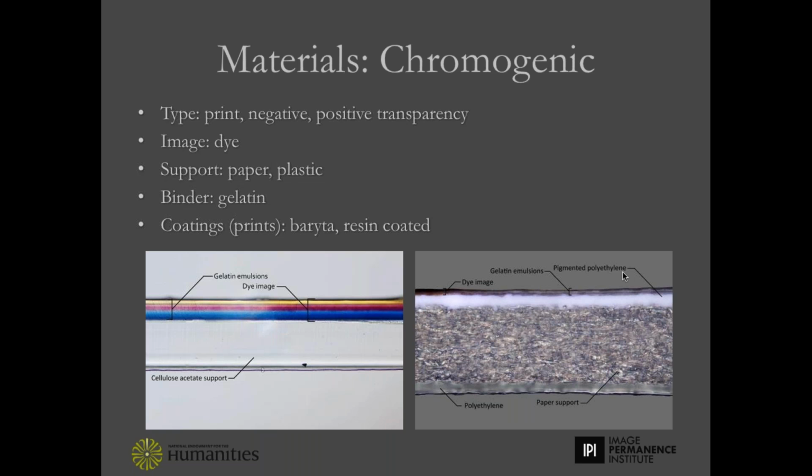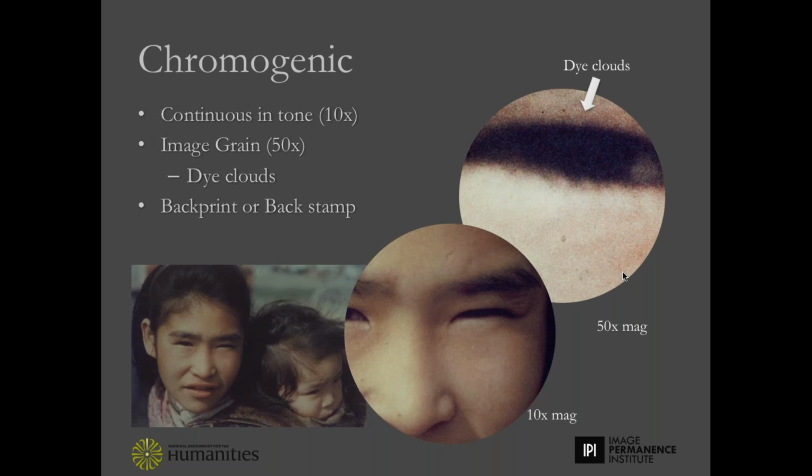And the resin-coated papers actually did have some applied surface textures, which altered the surface characteristics. So we can have a few different surface sheens, from glossy to a semi-matte or sheen with our chromogenic prints. And of course, the image consists of dye and a gelatin binder.